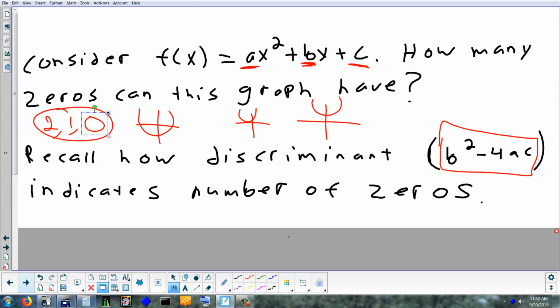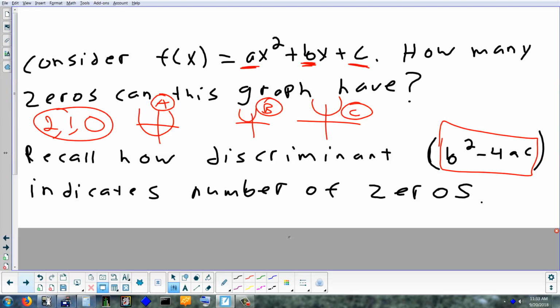It doesn't tell you what they are. All it would tell you is, do you have case A, case B, or case C? And the whole key is if it comes out less than 0, equal to 0, or more than 0.